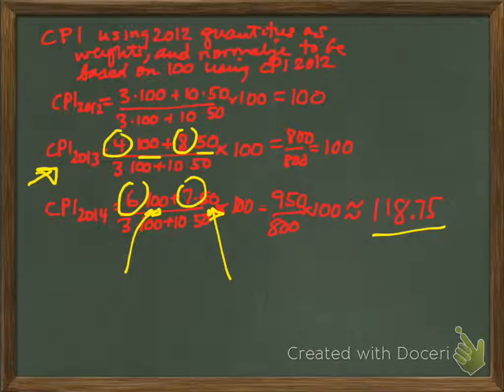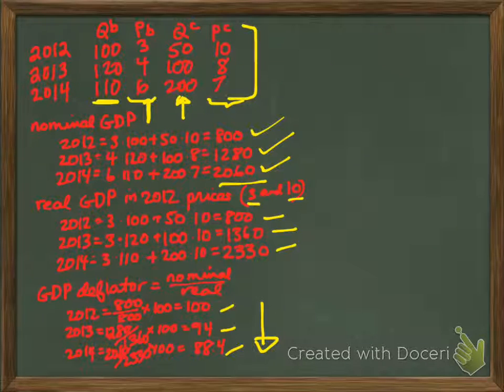So now this price index is rising, and that's because, remember, this price index has fixed weights that are the quantities in 2012. So the price of bread rises and it has a weight of 100. The price of circuses is falling, but its weight is only 50.